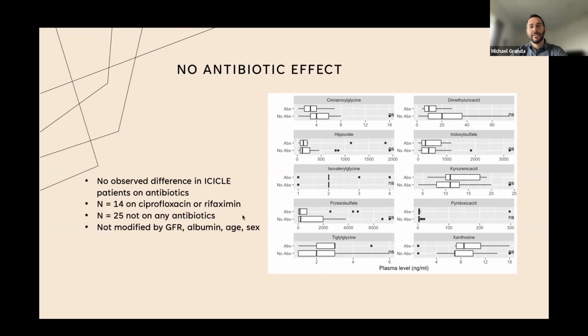I looked at the effect of antibiotics on plasma levels across Icicle patients that were on ciprofloxacin or rifaximin, and did find a tendency for some solutes to be lower in antibiotic patients, but none of them actually reached significance. This is again in keeping with the general finding that all of our cirrhosis patients had just extremely low uremic toxin levels.